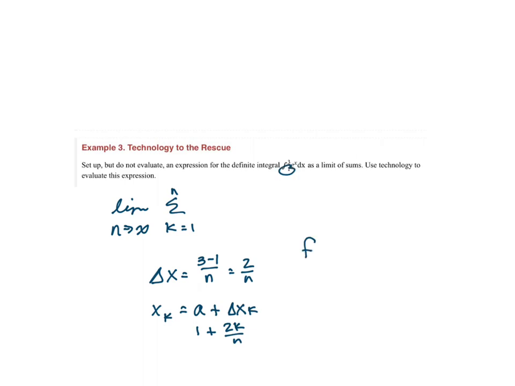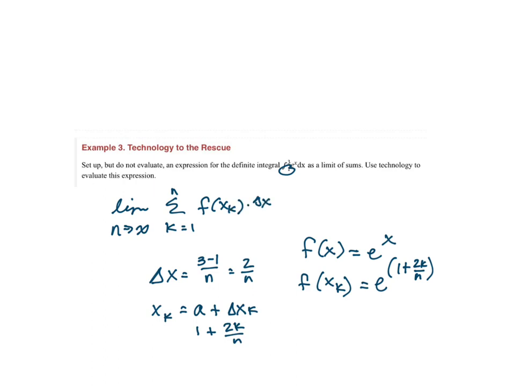What's f of x? f of x equals e to the x. So what is f of x sub k? e to the 1 plus 2k over n. Okay, so my limit is going to be f of x sub k times delta x.